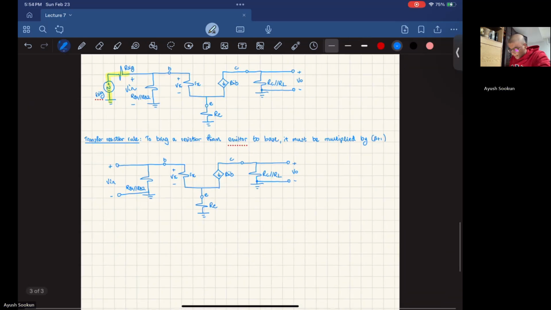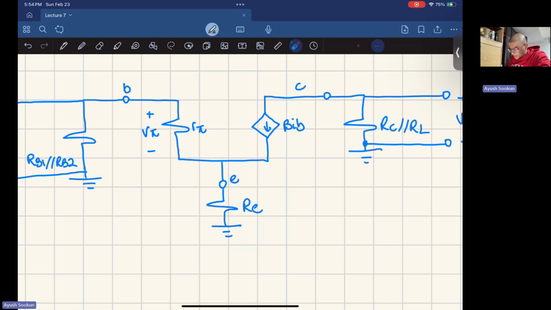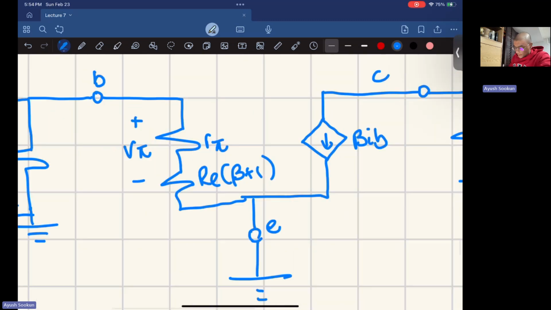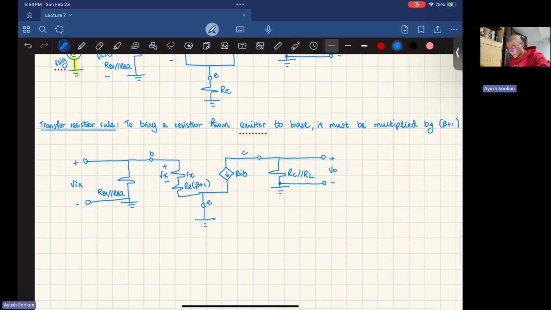Okay, and now I'm going to take my emitter resistance and bring it to the base, so I'll multiply by beta plus 1. So what happens is my emitter is now grounded. Here I have a new resistance. Its value is Re times (beta plus 1). Okay, and mind you that this V pi is only across R pi right here.